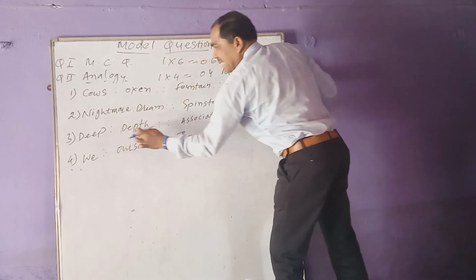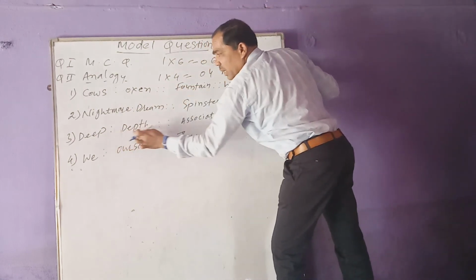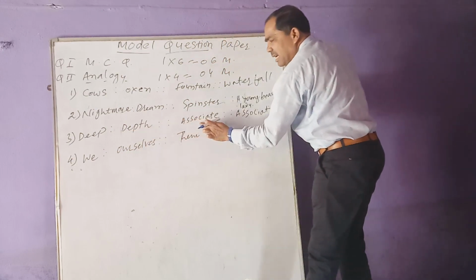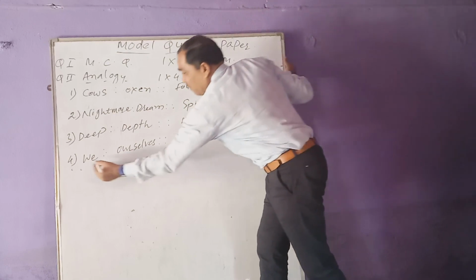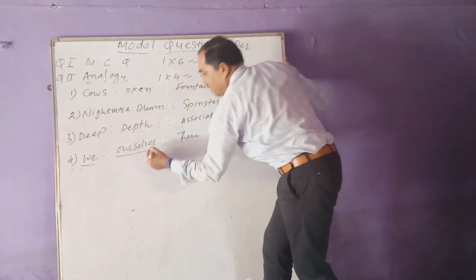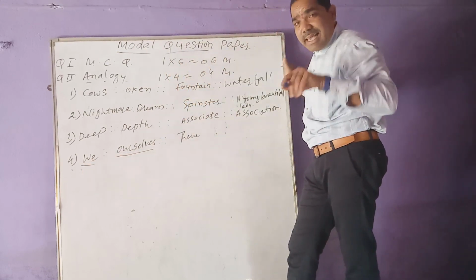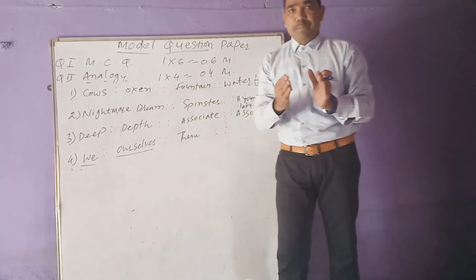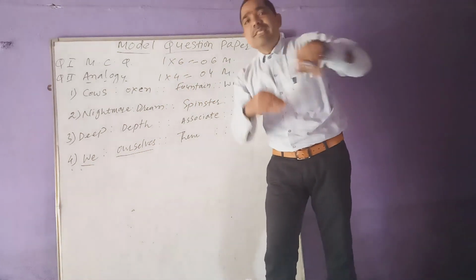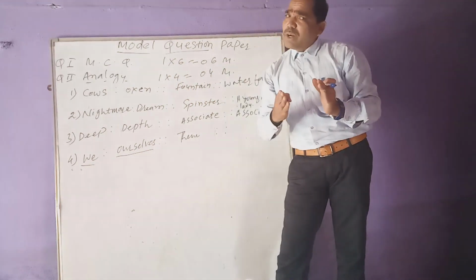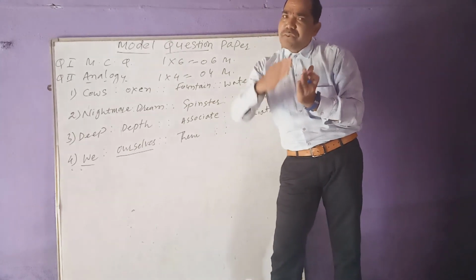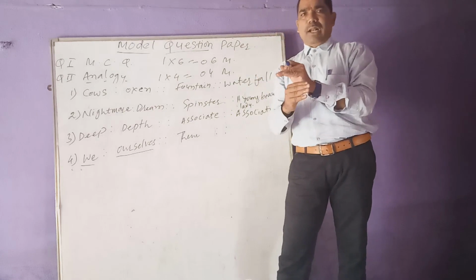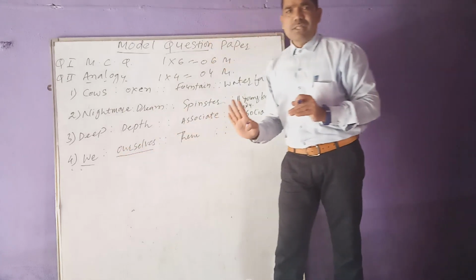Now deep is an adjective, depth is a noun, associate is an adjective, association is a noun. Now, we is going to express the meaning of ourselves. We is a plural pronoun, and it is converted into ourselves. Ourselves is the reflexive pronoun, that too in plural. Why? We ourselves. Understand?